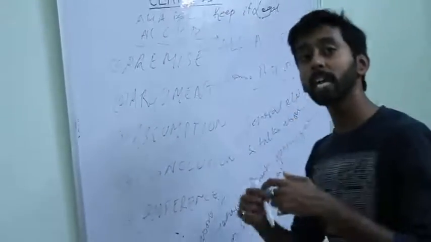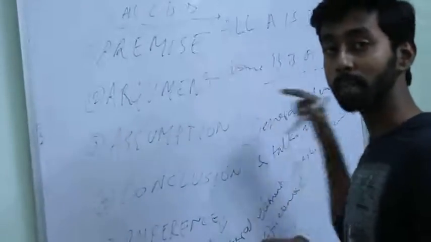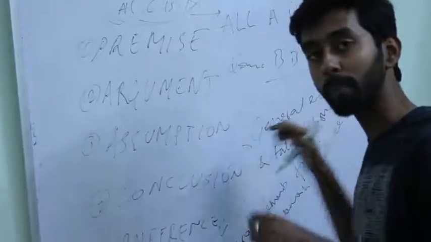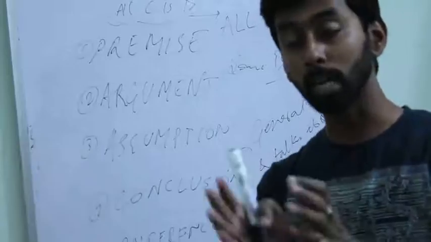This is the kind of inference that you can draw from the given set of premises, but this is not the kind of conclusion that you can draw. Therefore, that's a small difference between conclusion and inference.